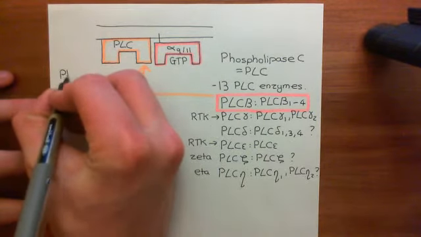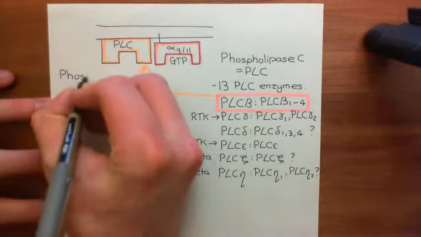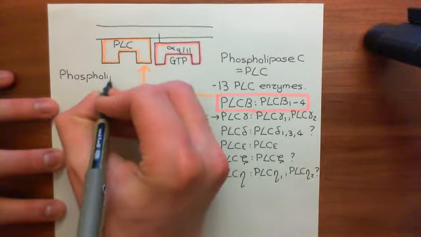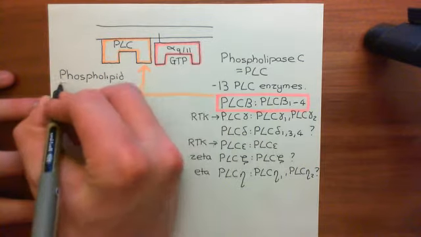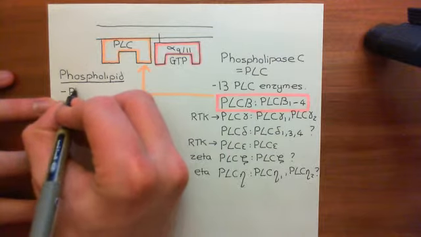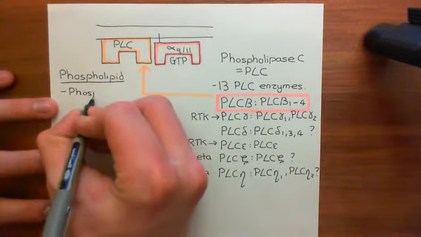So there are certain criteria that you have to obey to be considered a phospholipid. First, you have to have a phosphate group within your structure. Let me show you what a phosphate group looks like.